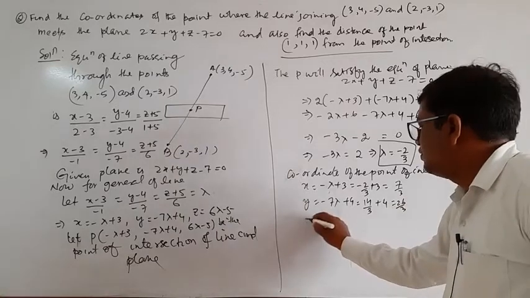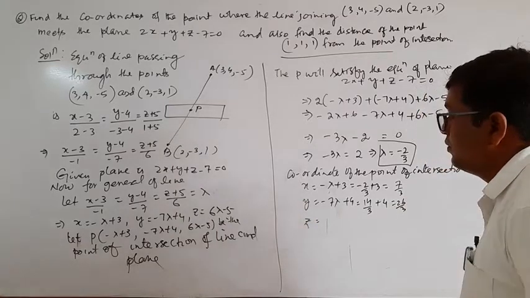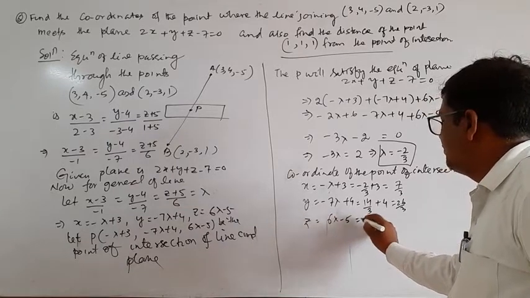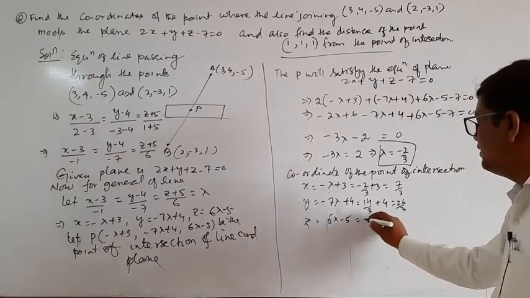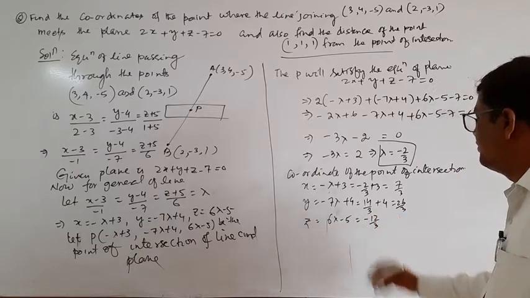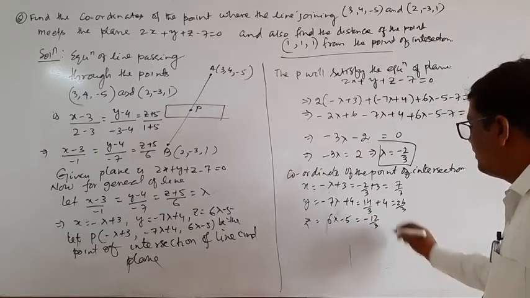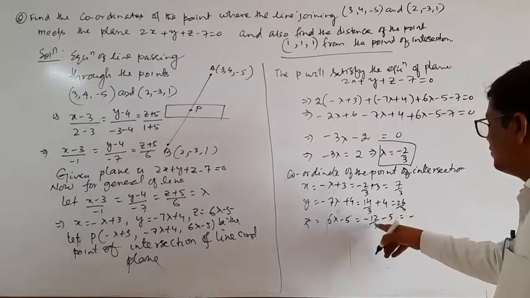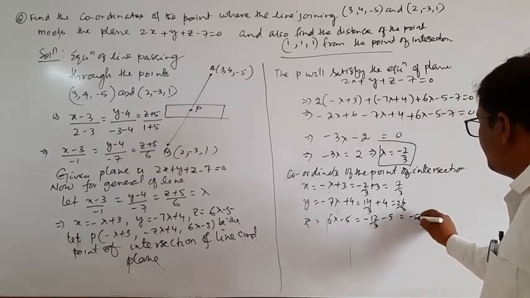And z is equal to what? Z is equal to 6 lambda minus 5, that is 6 into minus 2 by 3, minus 12 by 3 minus 5, that is minus 9. Okay.